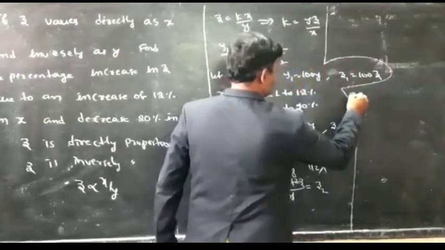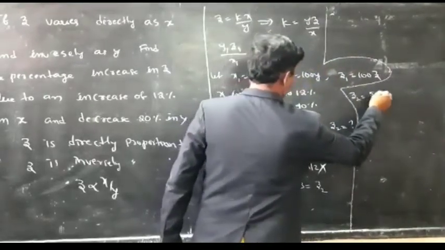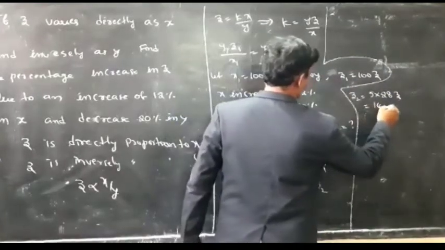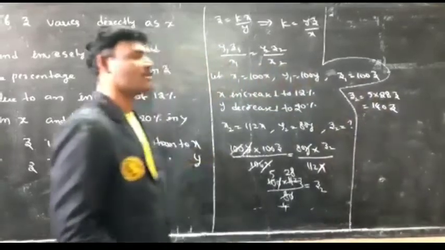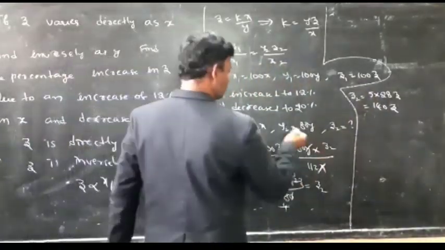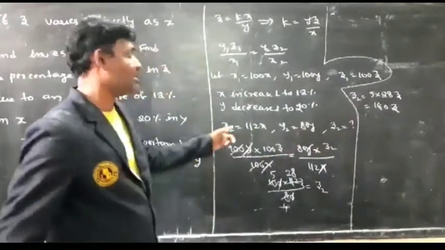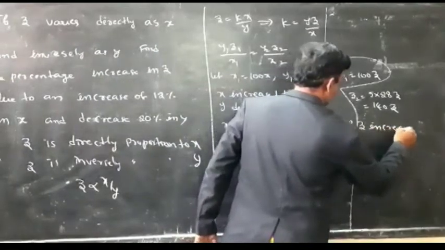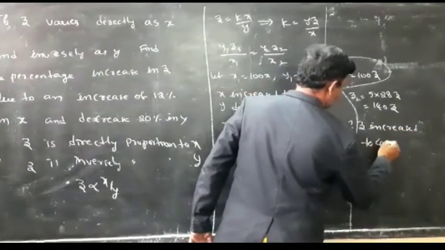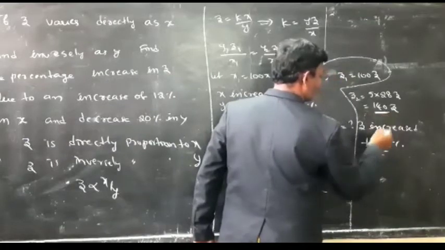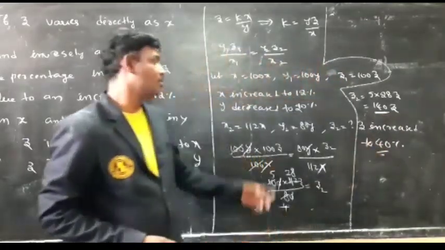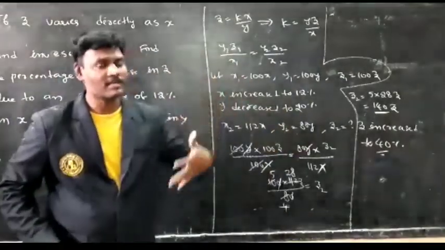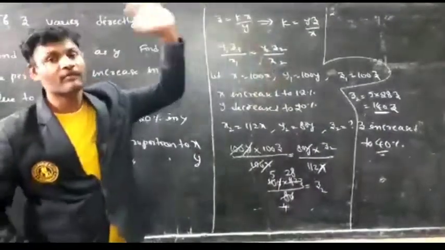The remaining z2 is equal to 5 into 28z, it means 140z. First I took z as 100, z1 is equal to 100z, so here z increased from 100 to 140, an increase of 40%. So x increased by 12% and y decreased by 20%, then z increased by 40%.